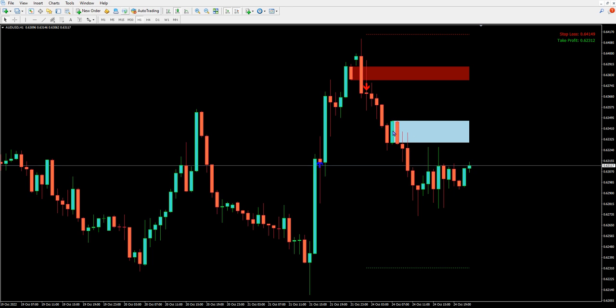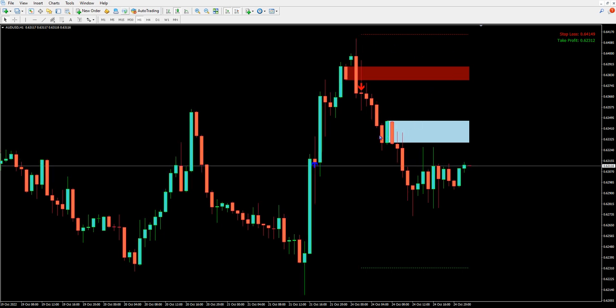But this is now marking this out as if price breaks above this zone, we should actually start to see more upside. This is going to act as a type of support to push price higher and potentially even take out this high and create a new higher high. So this is what it means when letting us know in market structure where reversals are coming and which zones should actually be holding.